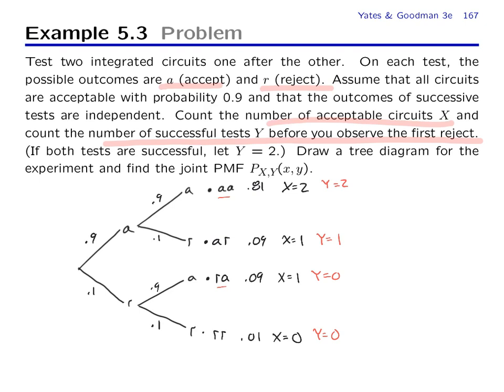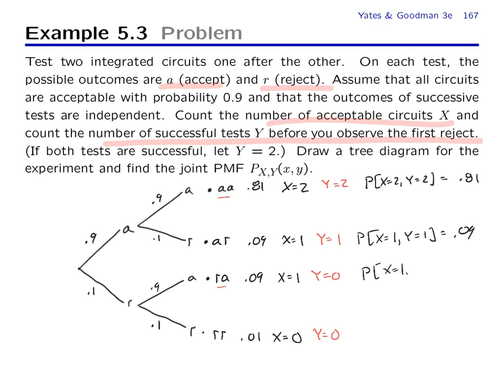And so now we're ready to say, what is this thing, the joint PMF? We have a bunch of probability facts. The first fact is that the probability x is 2 and y is 2 is equal to 0.81. Here we have the probability x equals 1 and y equals 1 is 0.09.